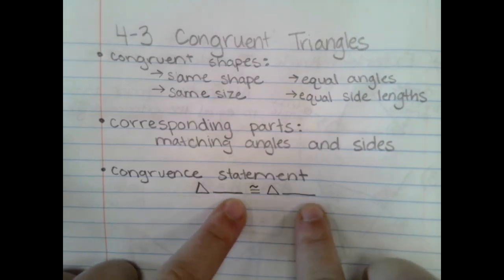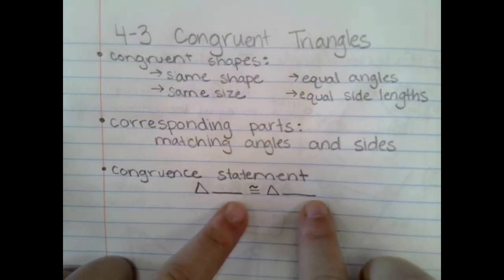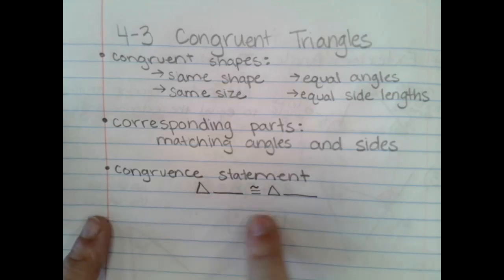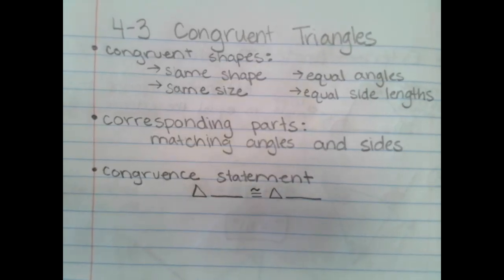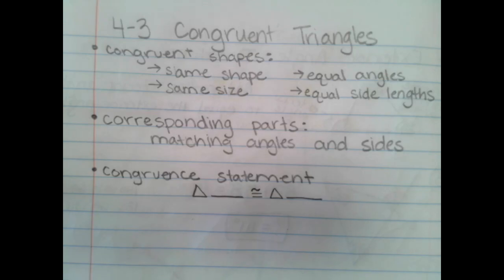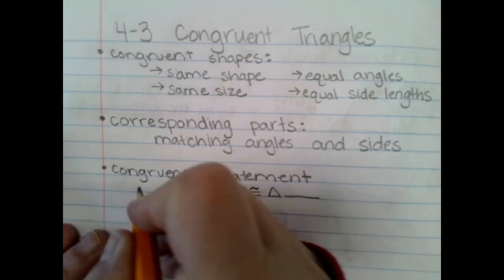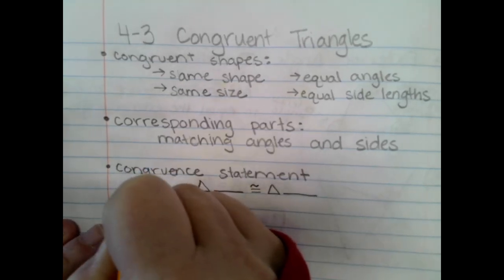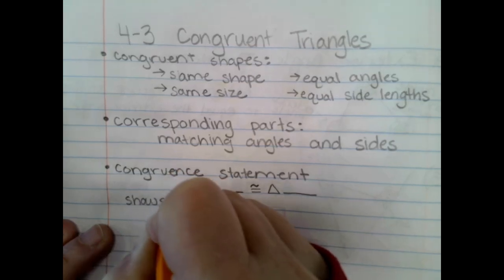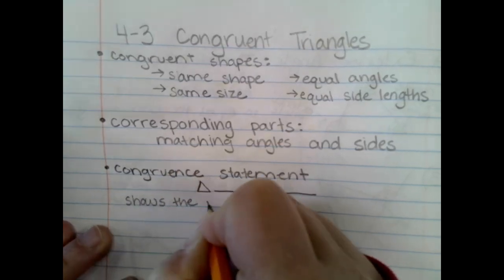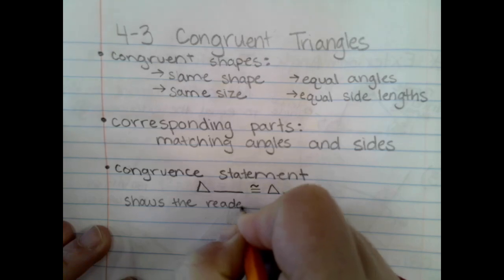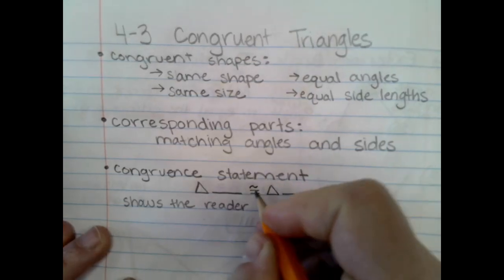It shows which parts go with which parts. Based on this information, I should be able to tell which angles are congruent, which sides are congruent, all the parts. So that's our main idea here: it shows the reader the corresponding parts.